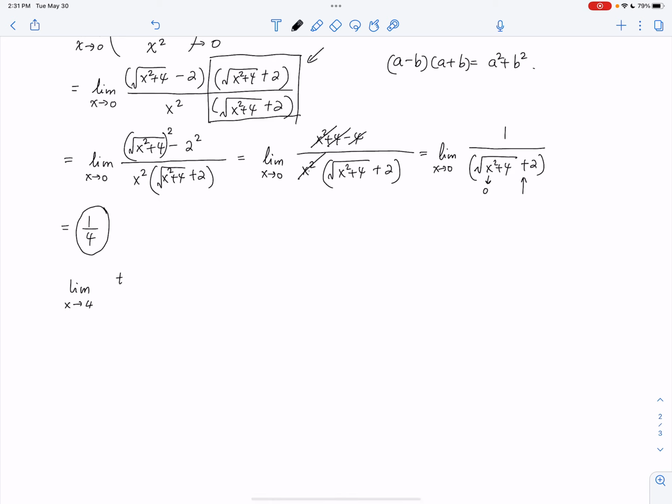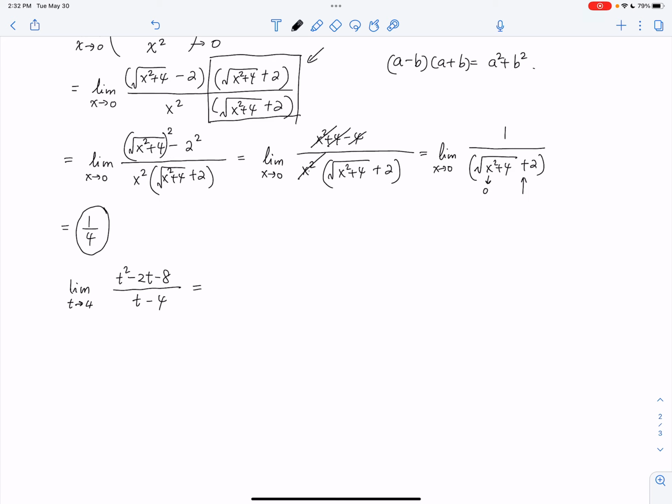Like that. All right, so t, we use t here. You can use any symbol you want. T, x, doesn't matter. So here, t will go to 4.